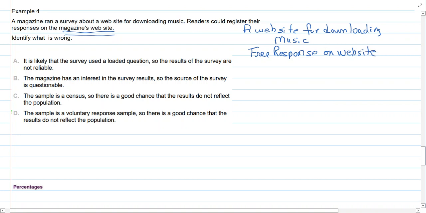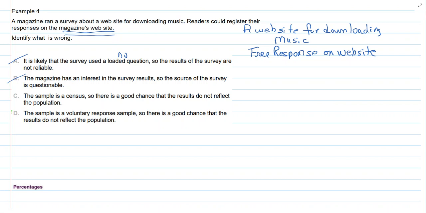All right. So let's see what's wrong with this kind of concept. It is likely that the survey used loaded questions. No, it's not loaded. It's yay or nay. So the results of the surveys are not reliable. No, that's not it. The magazine has an interest in the survey results. It's a magazine. It has nothing to do with downloading music. It was just inquiring about how many people use whatever to get music.